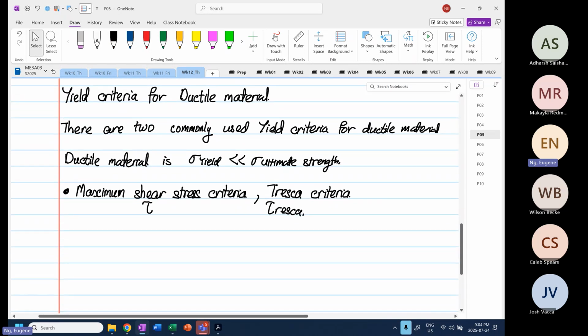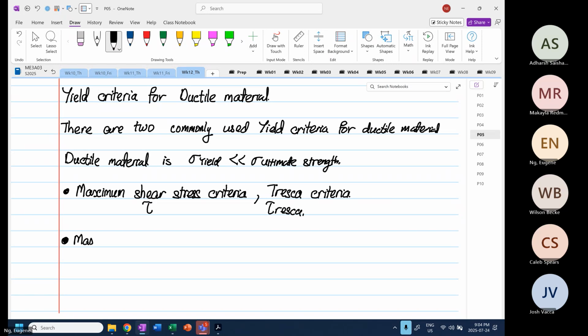And then the next one that is very commonly used is the maximum distortion energy criteria.